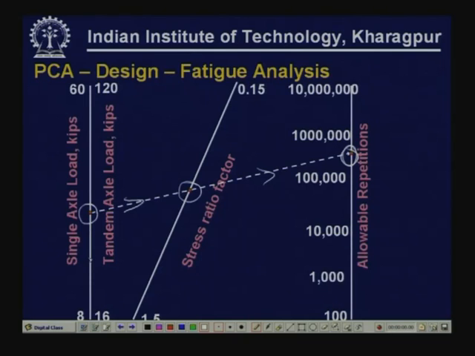Similarly, for other single axles, we can find out the number of repetitions the pavement can sustain. The same thing can be done for tandem axle also. So, for both single axle and tandem axle, if you know the axle load groups and their magnitudes, we can find out the corresponding allowable number of repetitions using this chart.